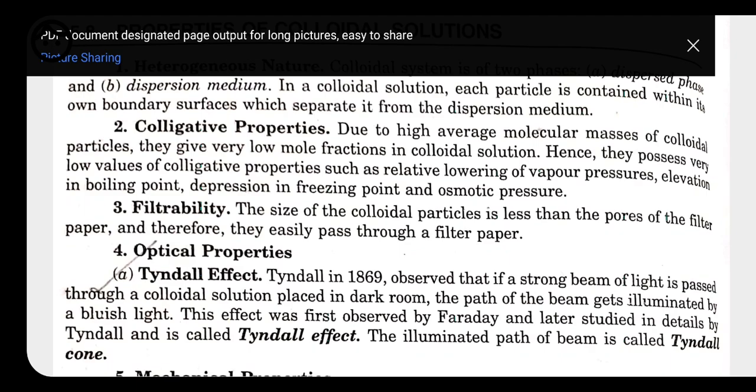If the colloidal particles scatter the beam of light, it means it shows the Tyndall effect, and the path which can be seen is called the Tyndall cone.